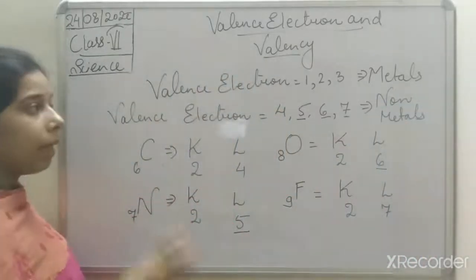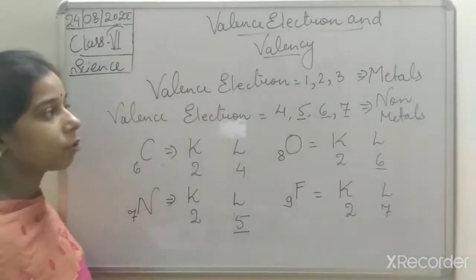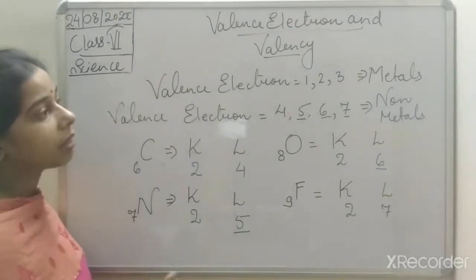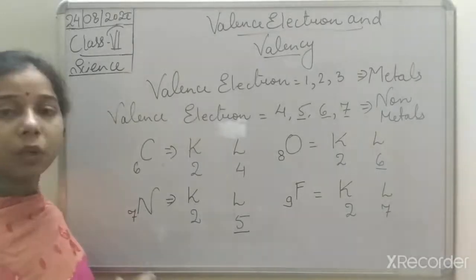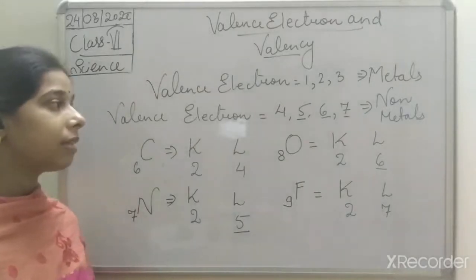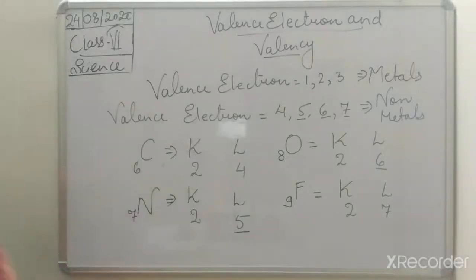Metals mainly possess valence electrons 1, 2 and 3. So elements which possess valence electrons 1, 2, 3, we will call them metals, while the elements which possess valence electrons 4, 5, 6, 7, we will call non-metals.